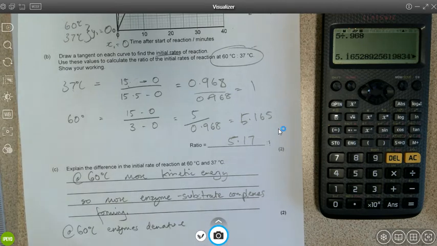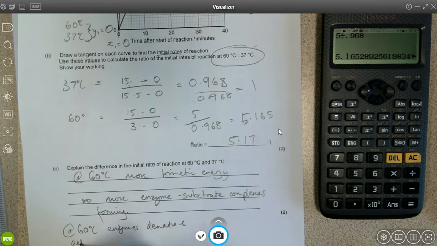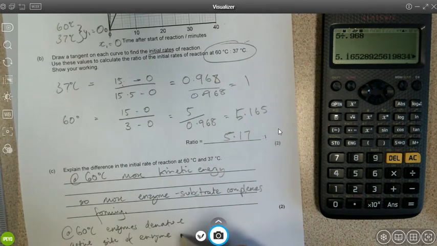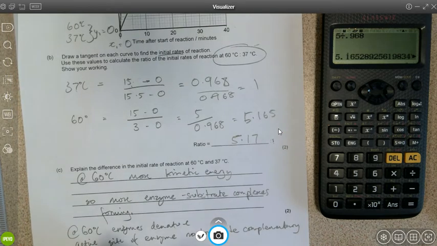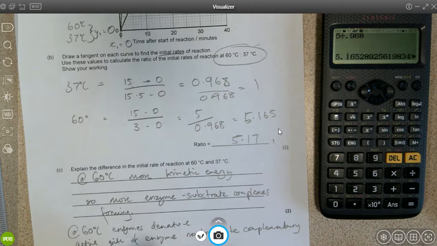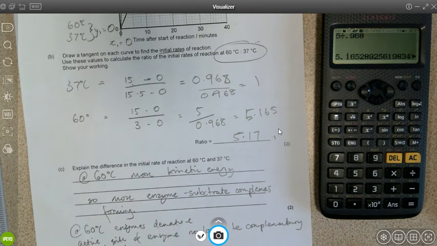And if those enzymes denature, the active site of the enzyme will no longer be complementary to the substrate. And if the active site is no longer complementary to the substrate, the reaction will stop.